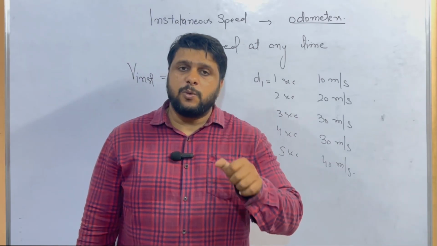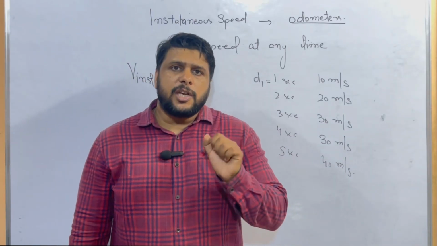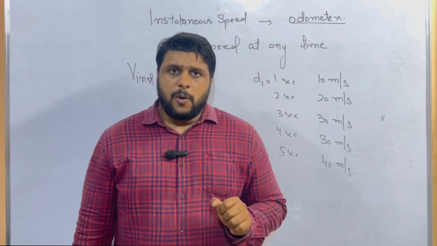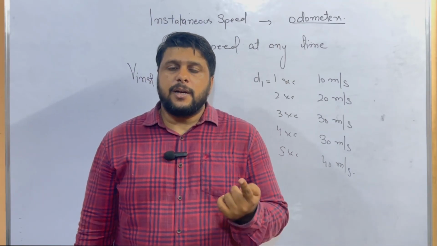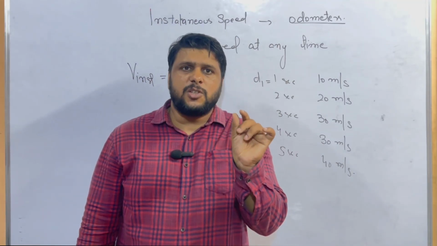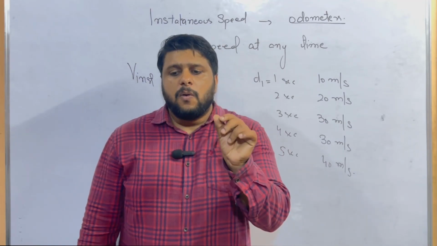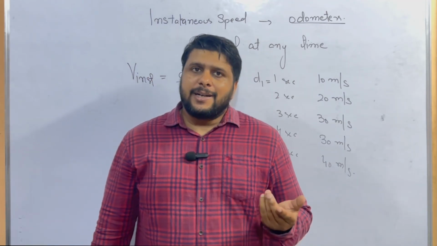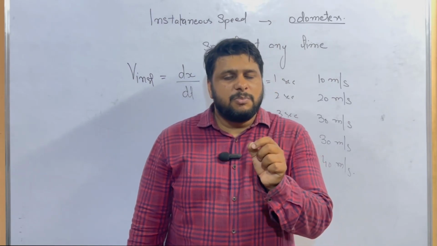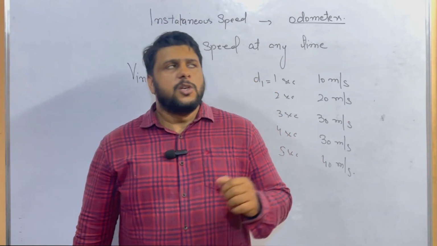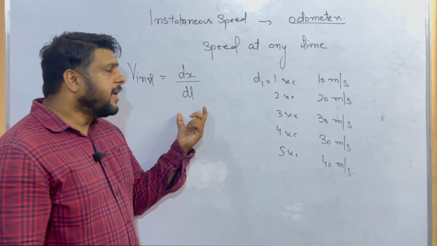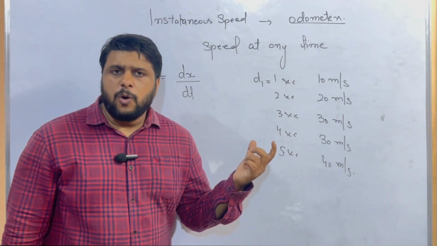But here we have to mark a very small change in the distance. Why? Because we have to check at a particular instant, meaning a very small interval of time, what is my speed. So in that small interval we will be covering a very small distance in comparison to the whole journey, so it is going to be dx by dt. So I hope it's clear.